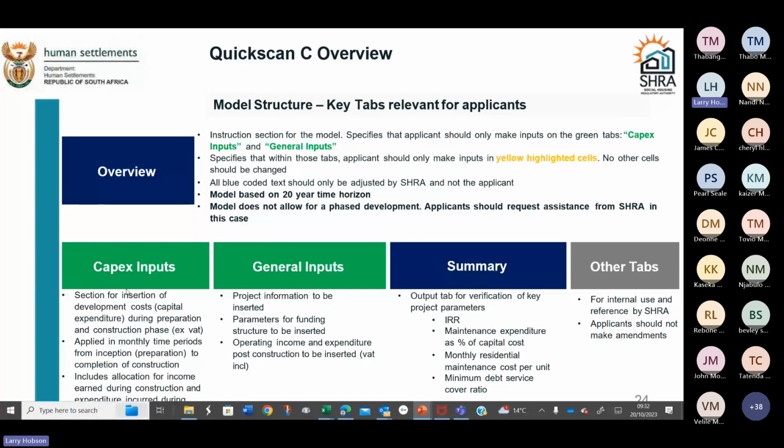On the CapEx input sheet, there's a section for the insertion of the development costs. These are in monthly time periods, a 24-month period. It also has a section for including income earned during construction.